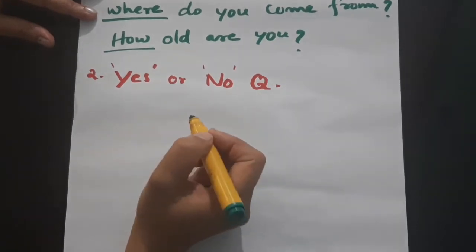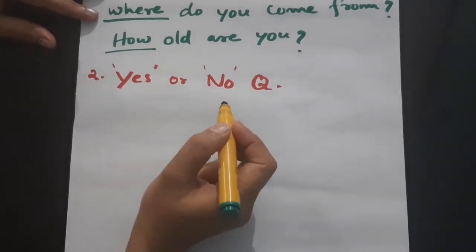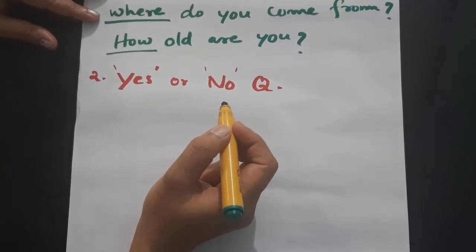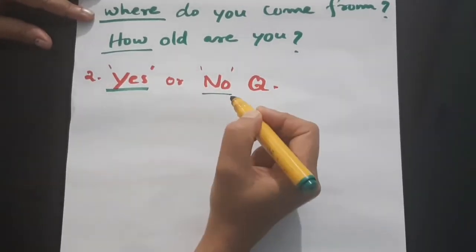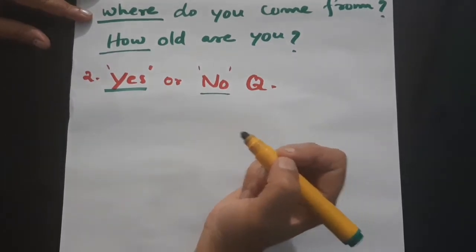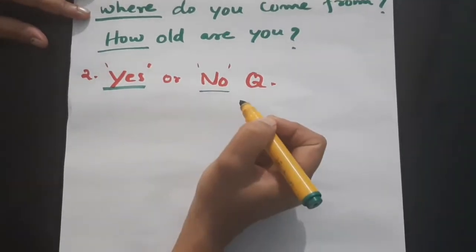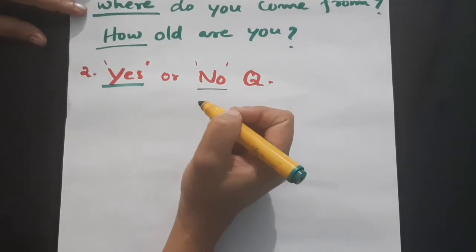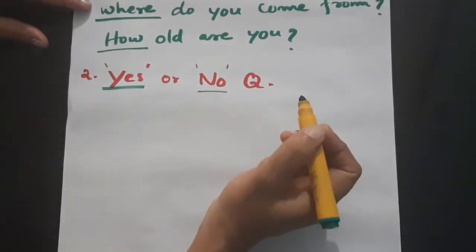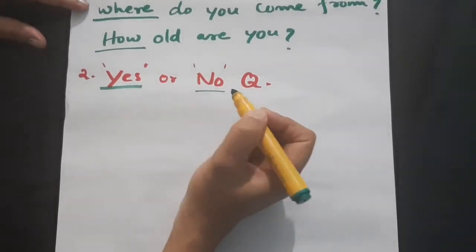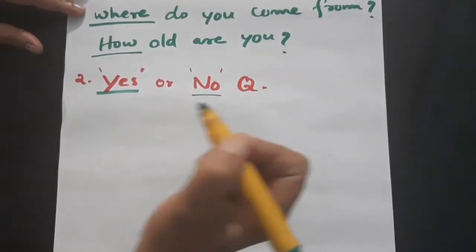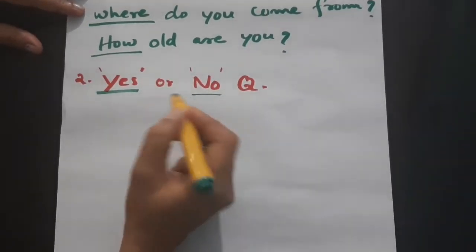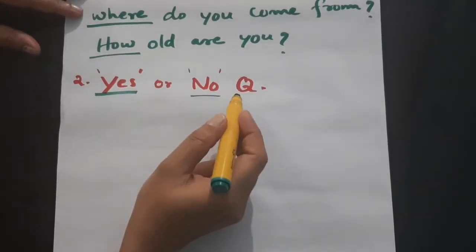Someone asks you, do you really know magic? Your answer can be either yes or no. Another one, do you know the way to the station? Somebody asks you, do you know the way to the station? Your answer can be either yes or no. So that is why this type of questions are termed as yes or no questions.